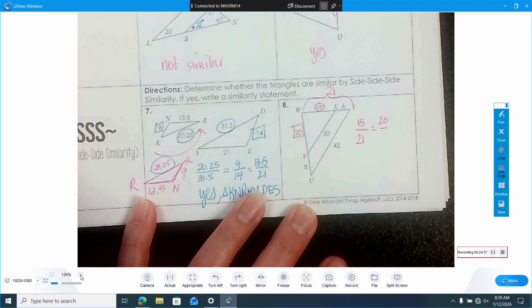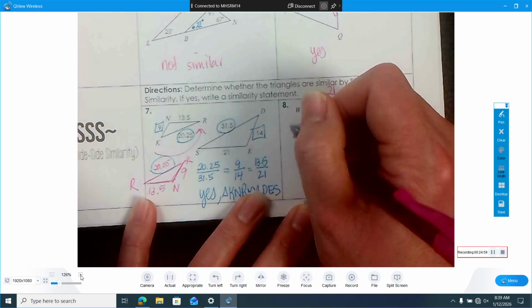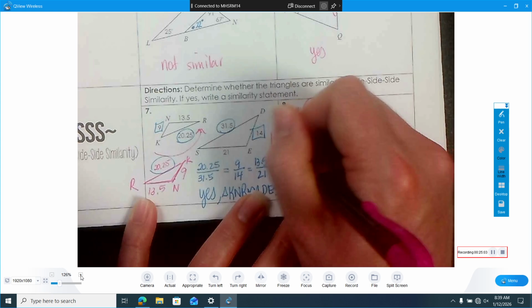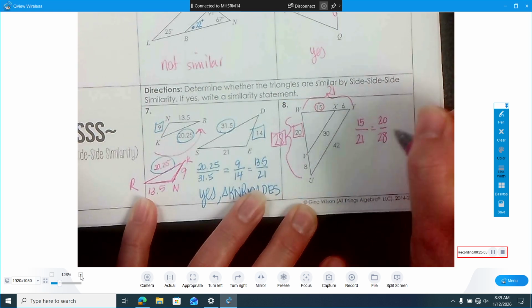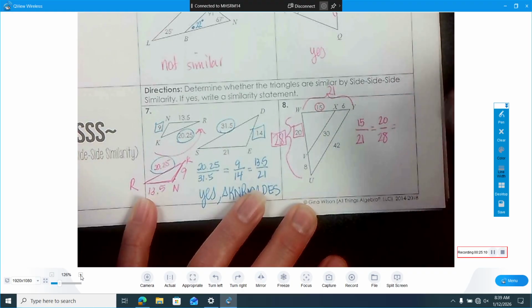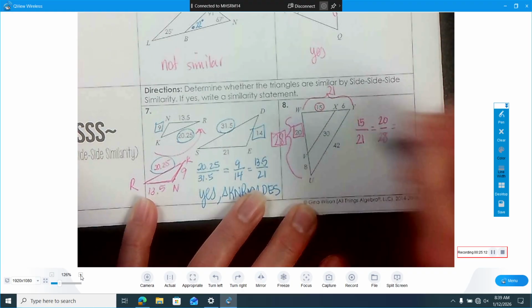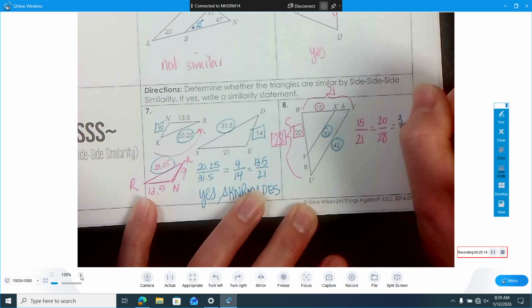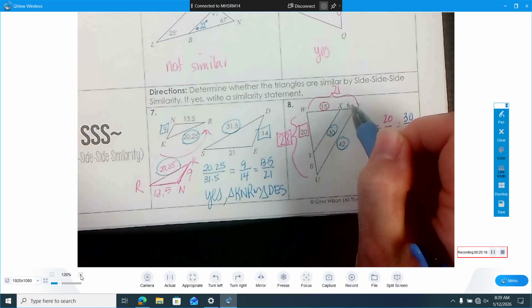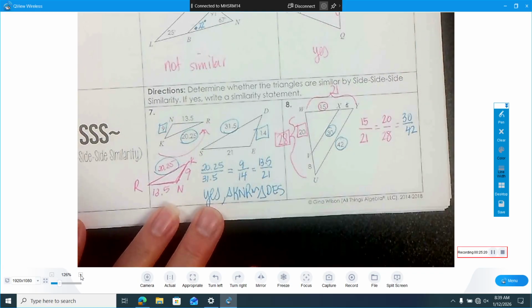And what's the big corresponding side? 28. The whole side length is 28. So 20 over 28. And then last we have what over what? 30 over 42. So we're comparing the whole side length, not just little baby pieces.